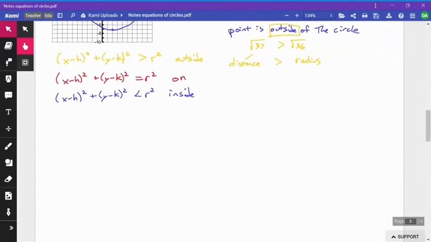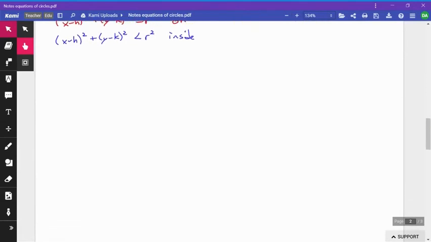Now we're going to head into our last example of writing the equation of a circle.